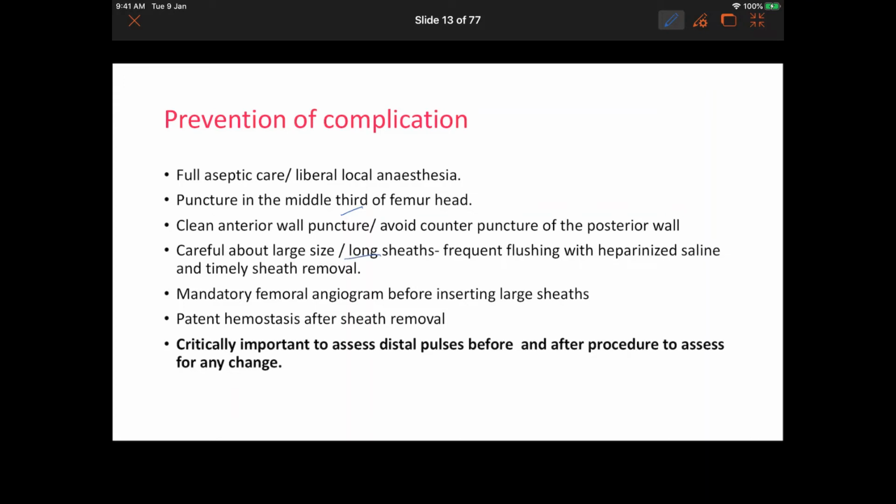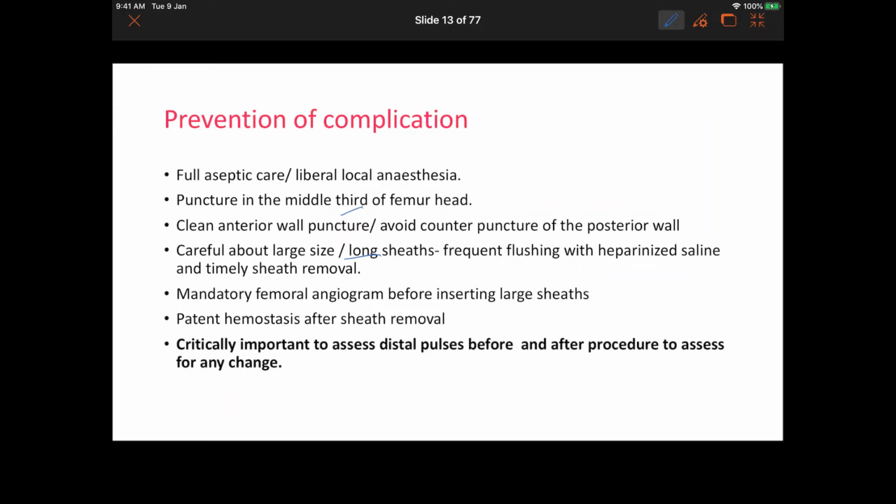Whenever you are using a large size sheath, it's very important that you take a local angiogram, and don't keep the large French size sheath for a long time. It's better that you close it with a Perclose device or any vascular closure device. And long sheaths are highly prone to thrombosis inside.